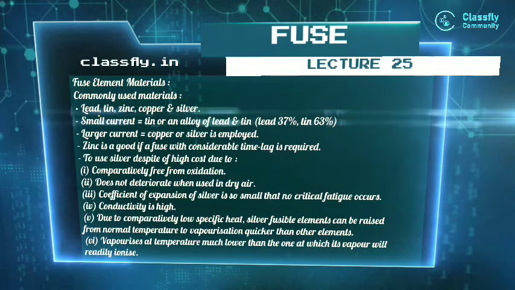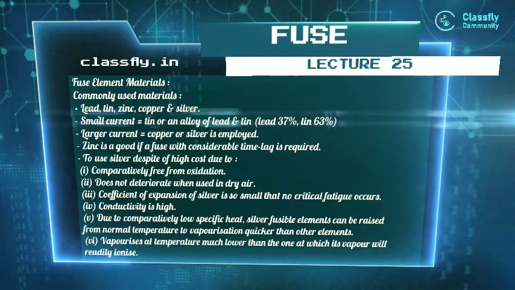Whenever it is a larger current, copper or silver is employed. Zinc is good if a fuse with considerable time lag is required. Whenever we require a time lag, only then is zinc good.